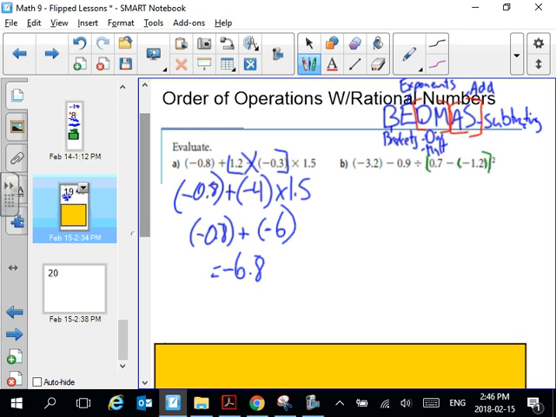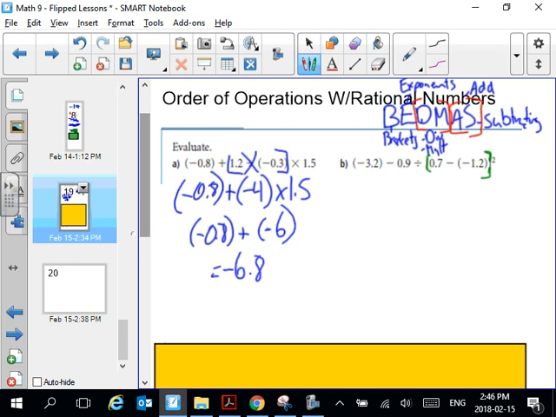The way that the bracket hierarchy works is that the innermost brackets are dealt with first. In this example, that's my negative 1.2, but it's already a number, so I'm going to leave it as is.